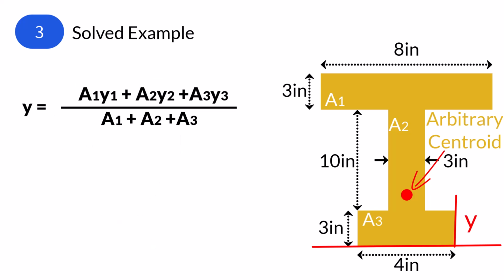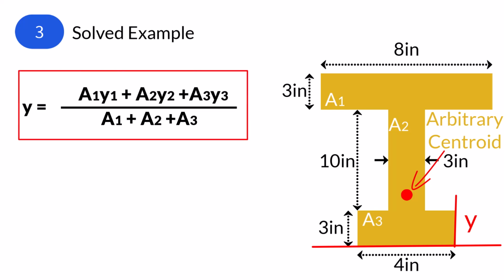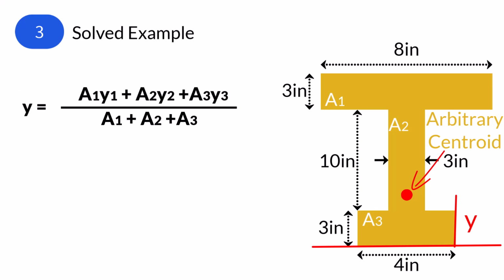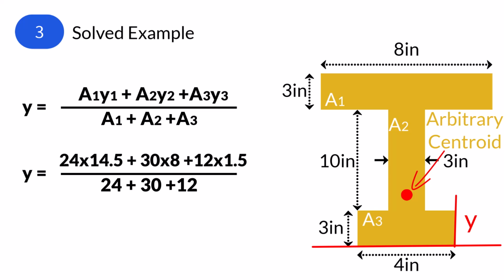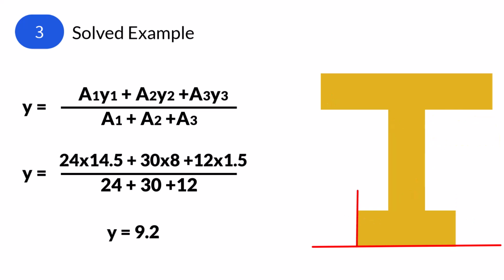The formula to find the distance of centroid from the reference axis is given as follows. Let us put the values of A1, A2, A3 and y1, y2, y3 in this equation. After solving, we get the value of y equals 9.2, which gives us the location of the centroid for the asymmetric eye section.